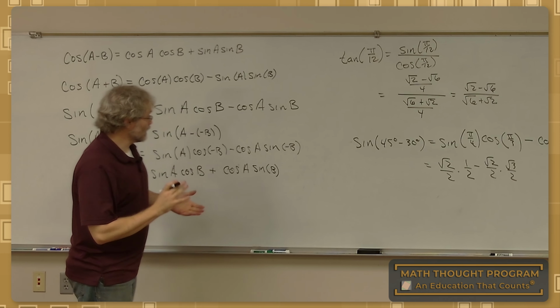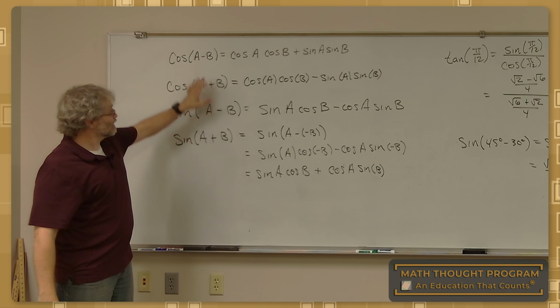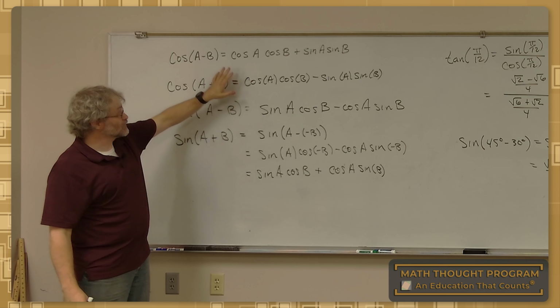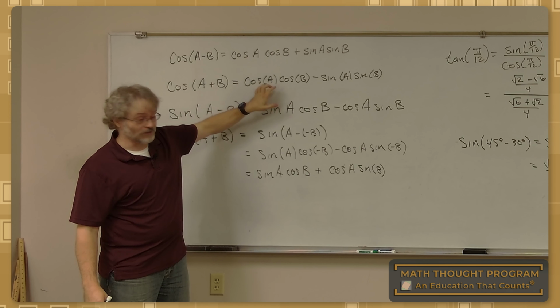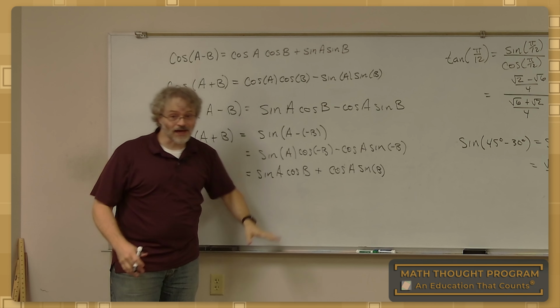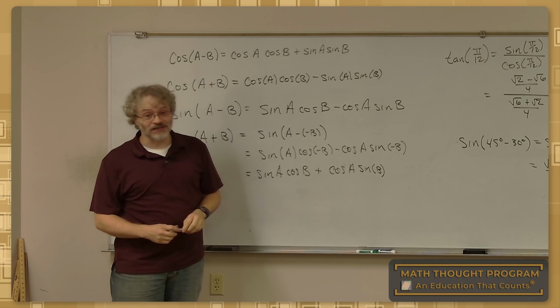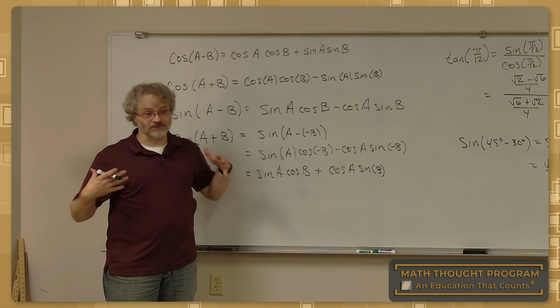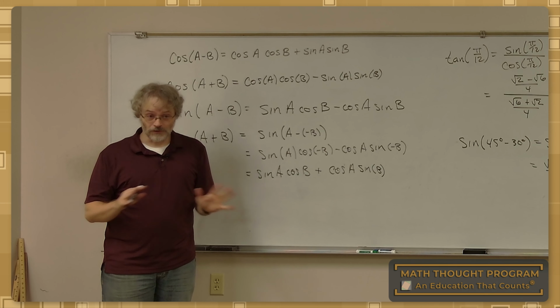What you're going to be held accountable to is what these identities equal. The derivation, not so much, but you need to know this, this, and this. And you will probably have a quiz next week, looking at all these different identities that we're going to be looking at for the next few days. You already know a few of them.